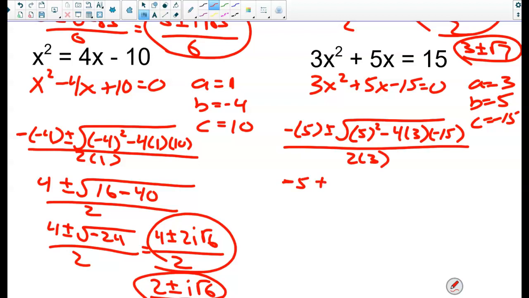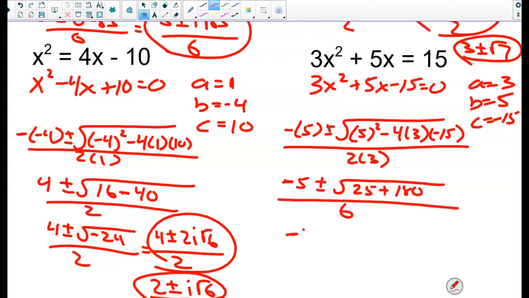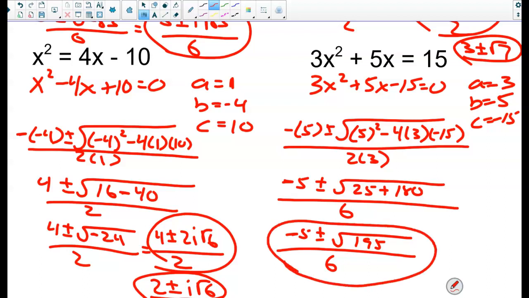So negative 5 plus or minus the square root of 25 plus 4 times 3 times negative 15, becomes 180, over 6. Negative 5 plus or minus root 205 over 6. So 205, we got to see if we can simplify that. And you cannot. So this right there, if you can't simplify it, becomes your answer.